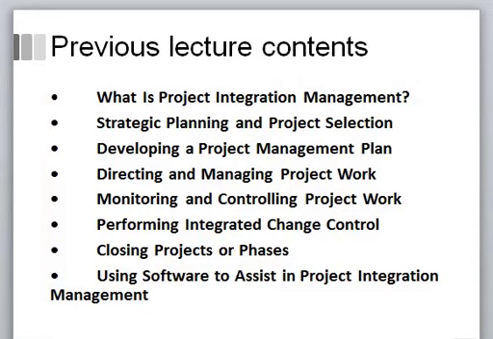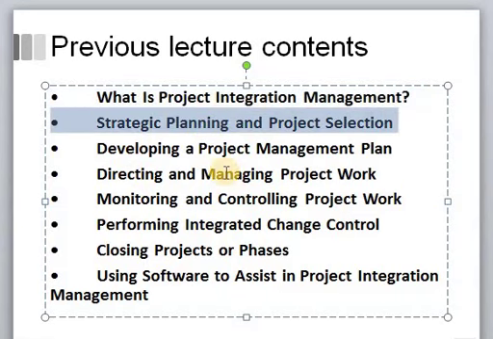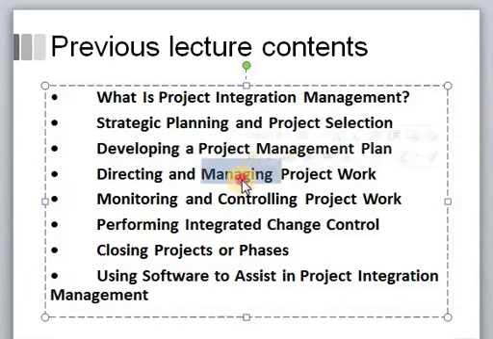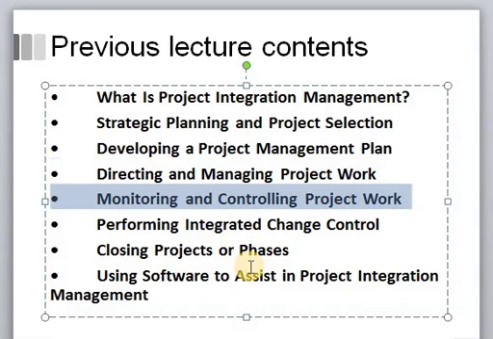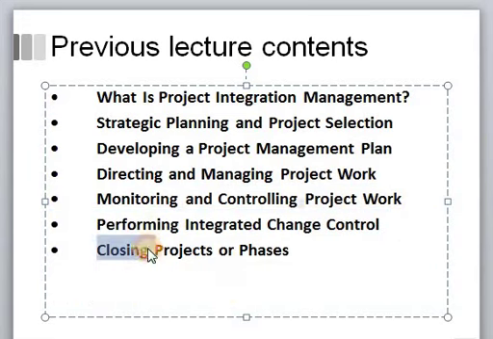Before starting today's lecture, let's have a look at the previous lecture contents. In the previous lecture we focused on what project integration management is, what strategic planning and project selection are, and we saw how to develop a project management plan, how to direct and manage the project work, how to monitor and control the project work, and we focused on performing the integrated change control process and how to close the project or the phases.